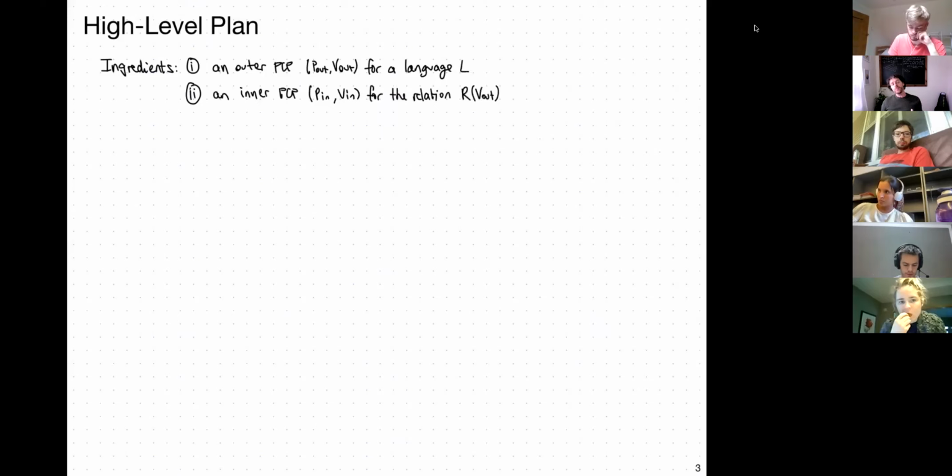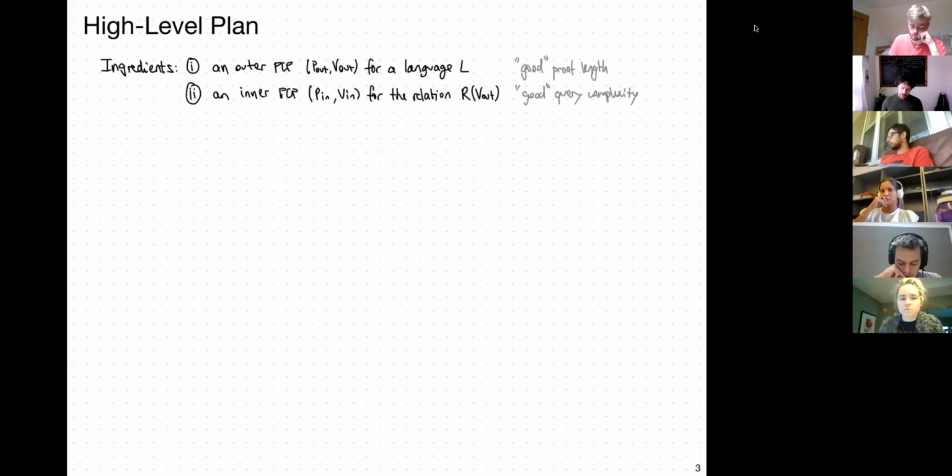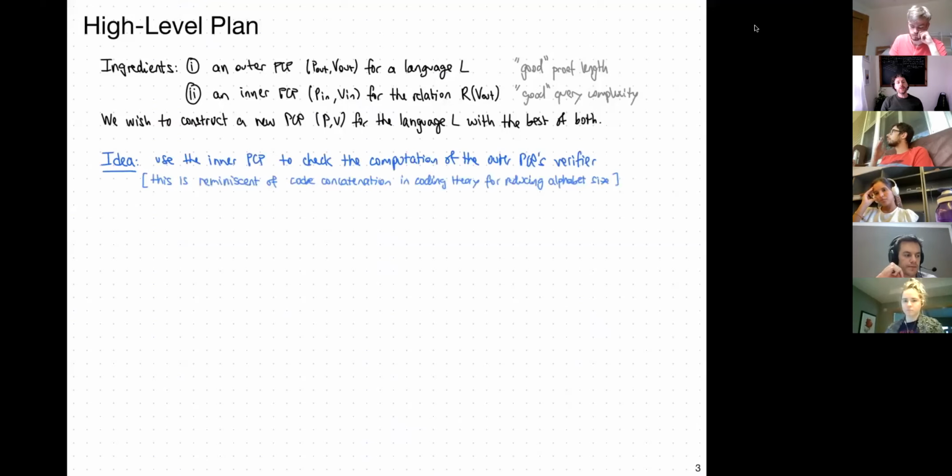And we'll have an inner PCP, which will be really long, but it would have amazing locality. And we want to merge them together. So we have here good proof length and good query complexity. Cool. So how will we construct this new PCP? There will be the following idea, which is we'll take the outer PCP and think about it as the main PCP.